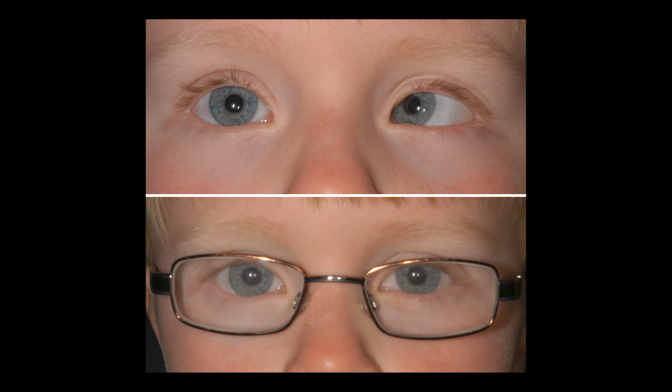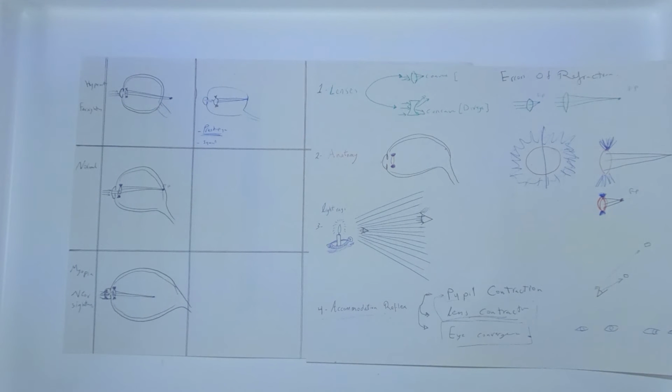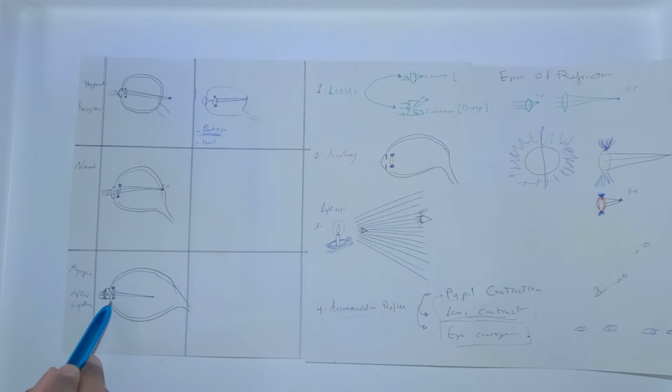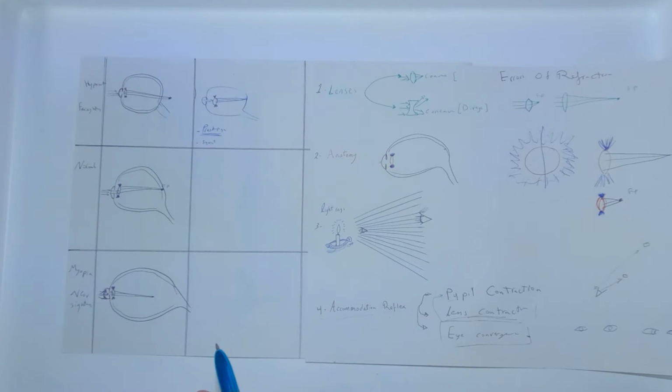Okay, so let's go to myopia. Is there any way that the body can deal with that problem? We said that the ciliary muscles are relaxed. Let's say, what happens if we contract them? Well, actually, if you contract the ciliary muscles more, you would bring the focal point closer, and that makes the problem worse, not better.